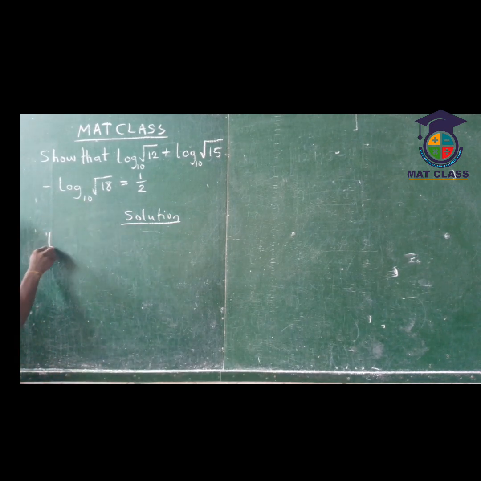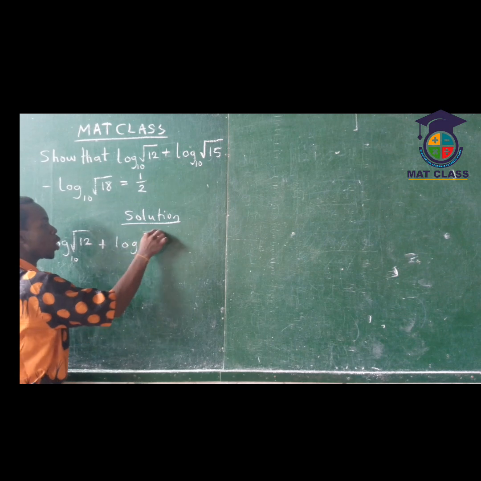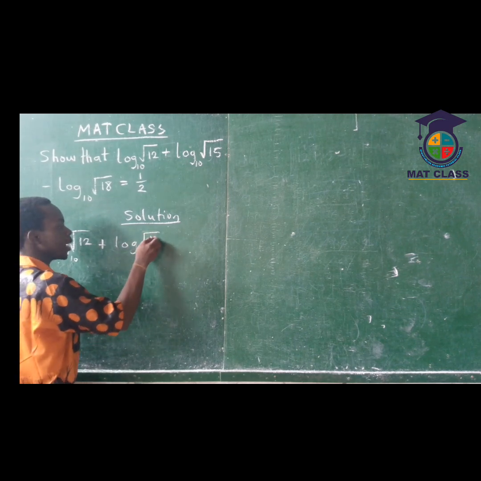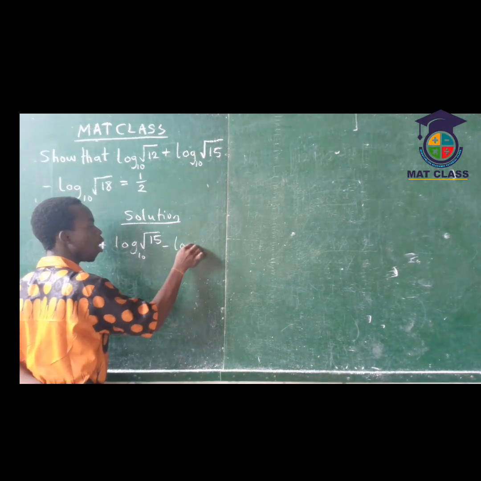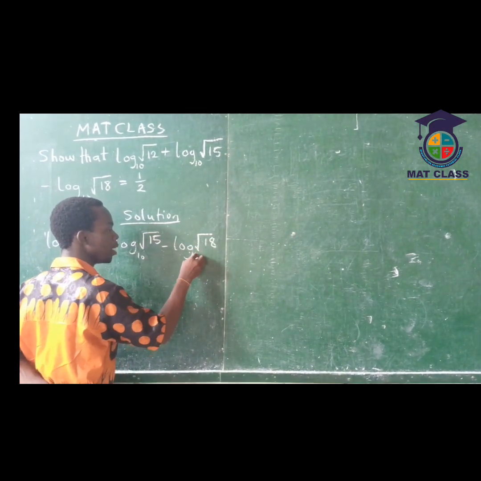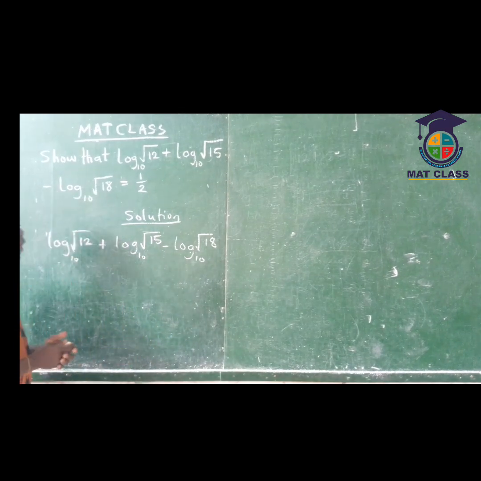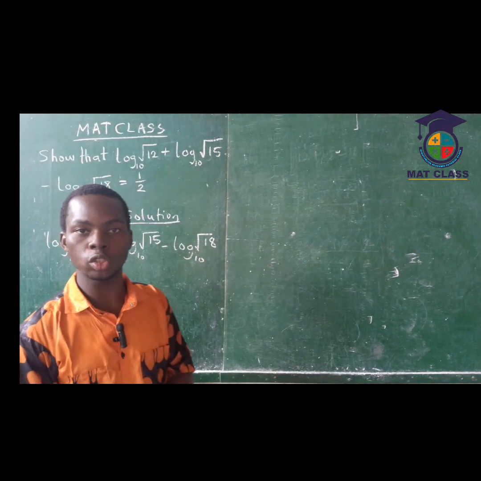I want to prove that the log of the square root of 12 base 10 plus the log of the square root of 15 base 10 minus the log of the square root of 18 base 10 gives us 1/2.